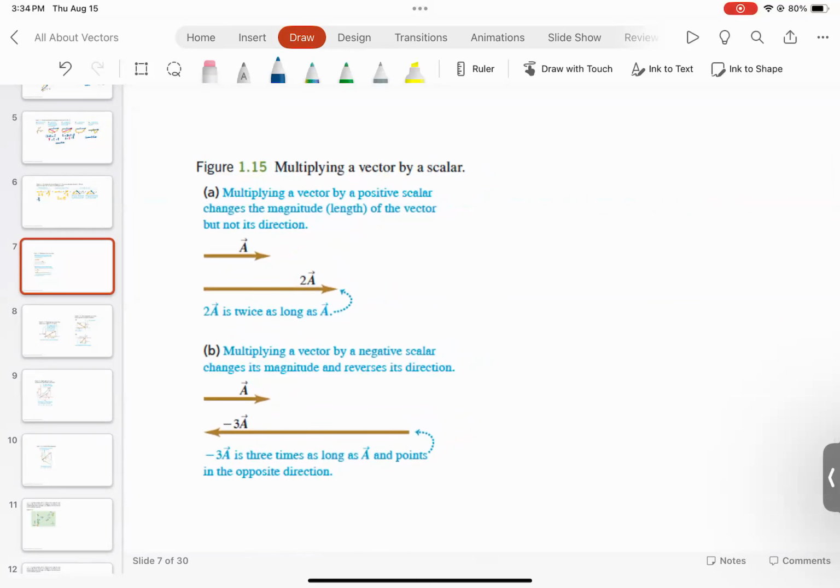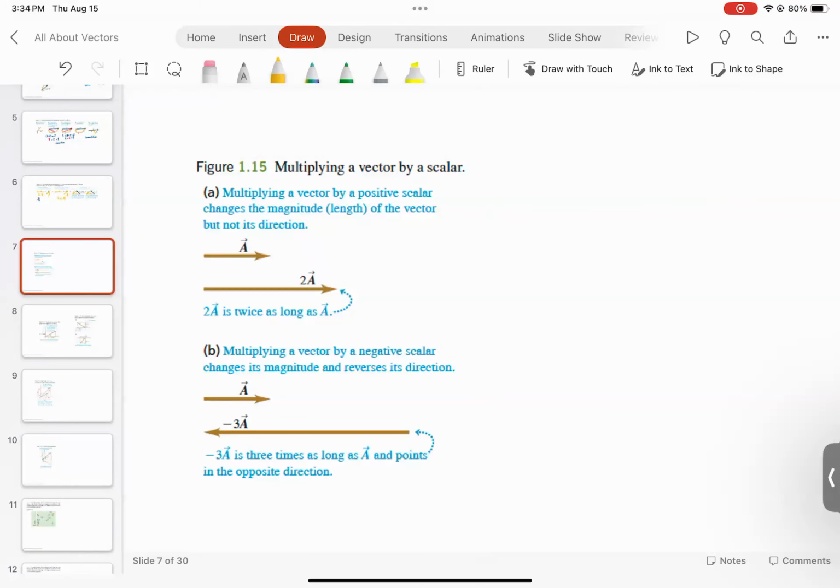Next operation is multiplication of a vector by a scalar quantity. When we say scalar, we don't care about the direction of that quantity. So we're multiplying a scalar quantity by a vector quantity. This is easy enough.